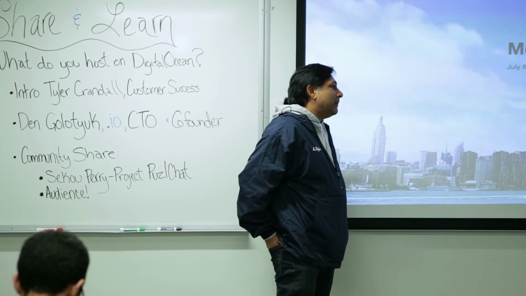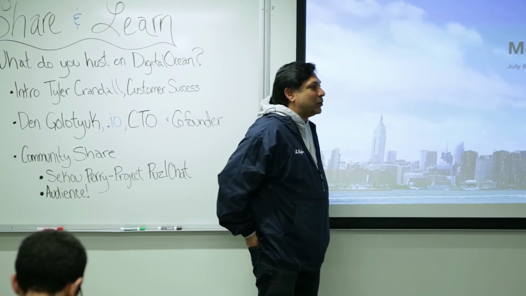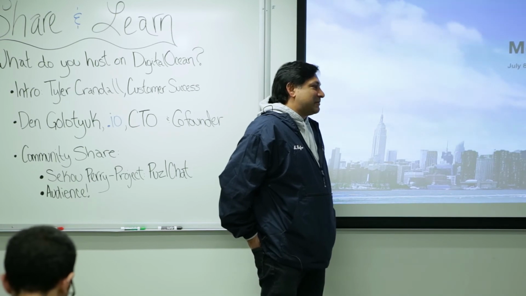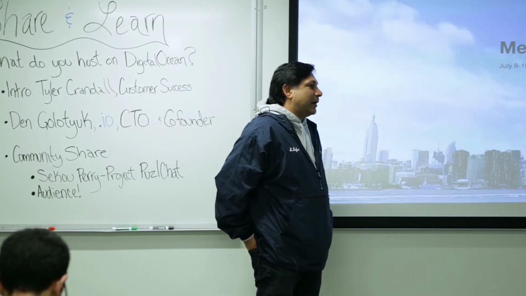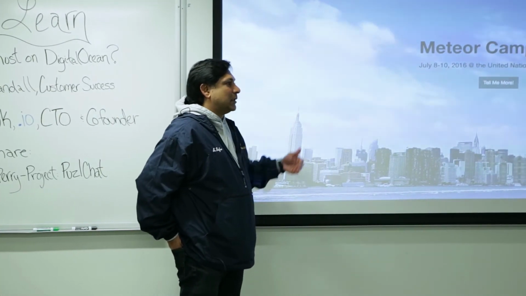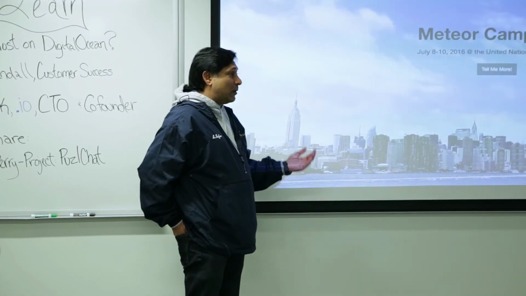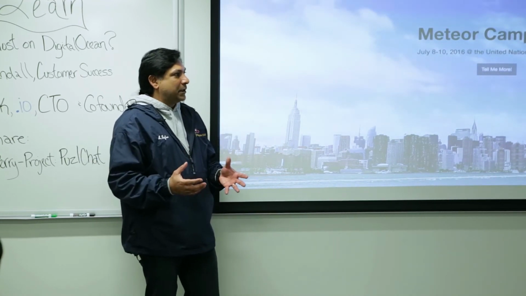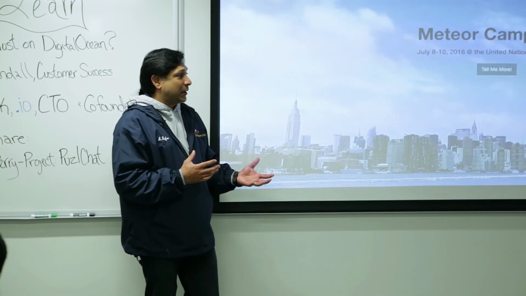Meteor is at 1.3. I build on 1.2 because I'm slow, right? And there's still a lot that's being figured out. And part of, I think, the talks that we're going to have are these transition talks about what's happening between 1.2 and 1.3. A lot of the platform changes in terms of how you use it. It becomes more node-centric.